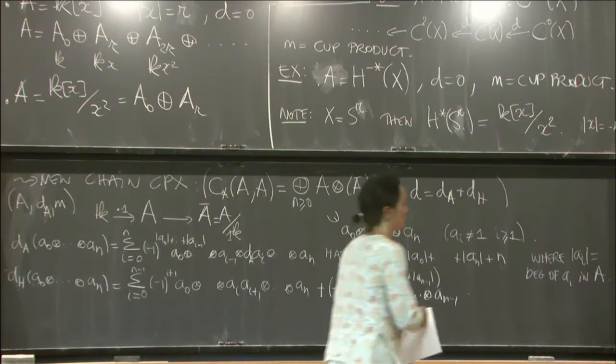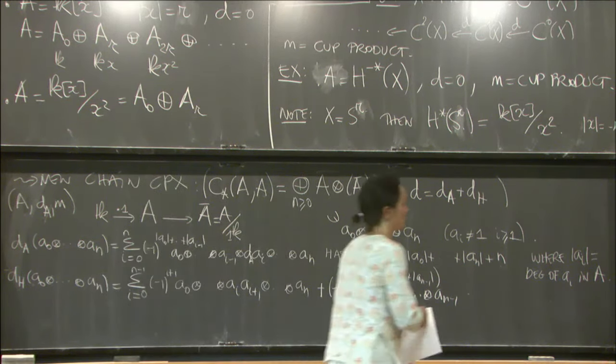And so d of a product AB has to be the product of dA with B, with this sign. That's what it means to be a chain map.